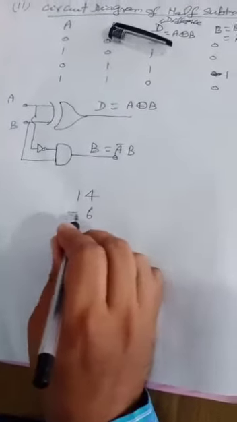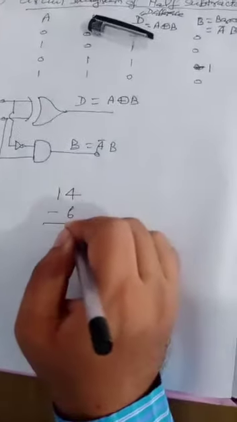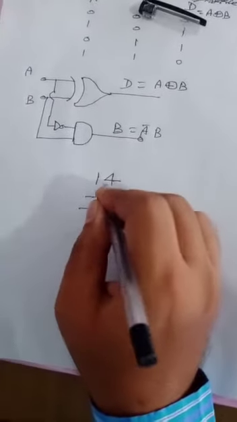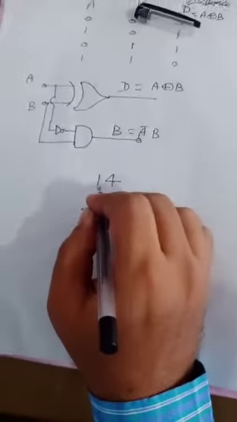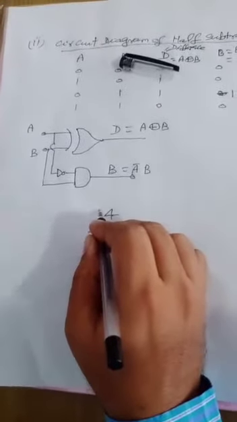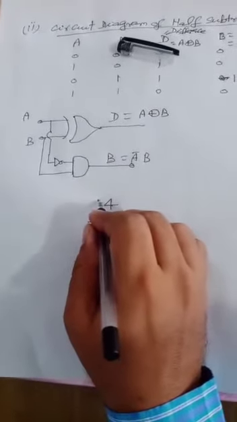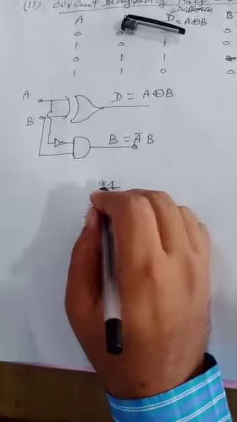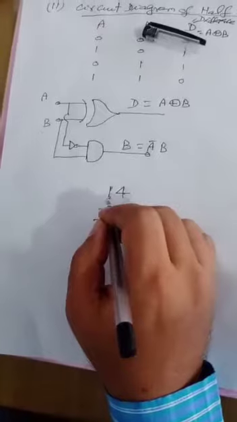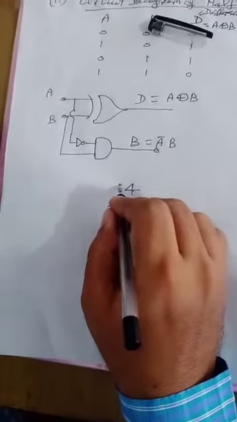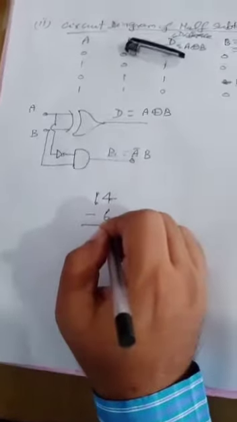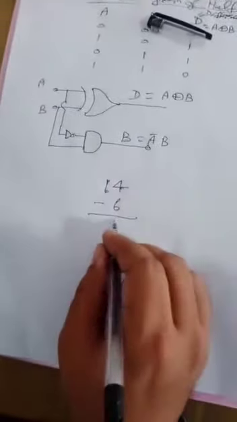Suppose we subtract 6 from 14. 4 is smaller than 6 and we take 1 borrow from the next stage. When we take 1 borrow, the decimal base is 10, so it becomes 10 plus 4, that is 14. Then we subtract it, 14 minus 6, that is 8.